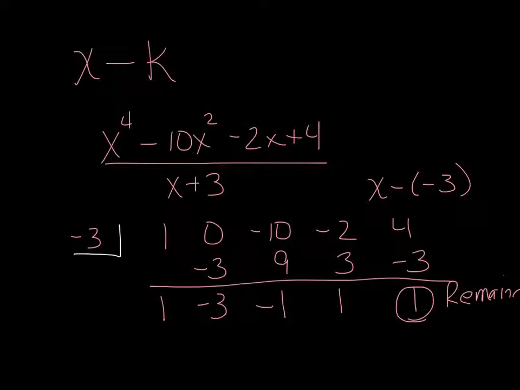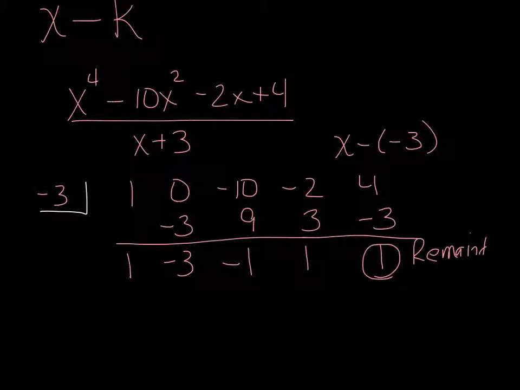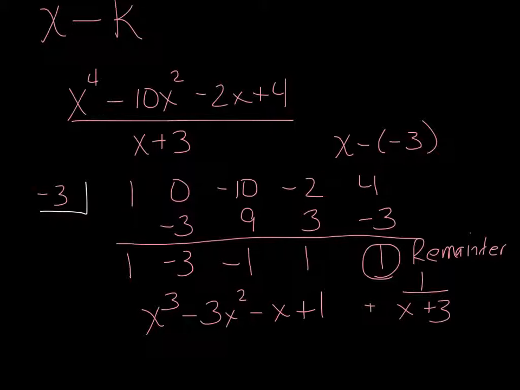And we're always 1 degree less than the original polynomial. So the new polynomial is x cubed minus 3x squared minus x plus 1 over x plus 3.